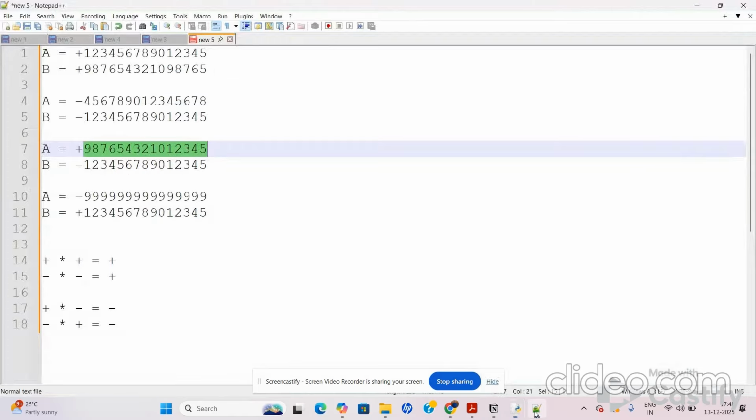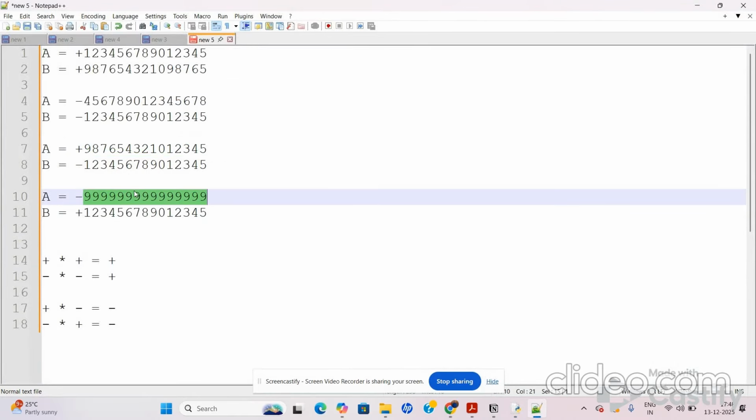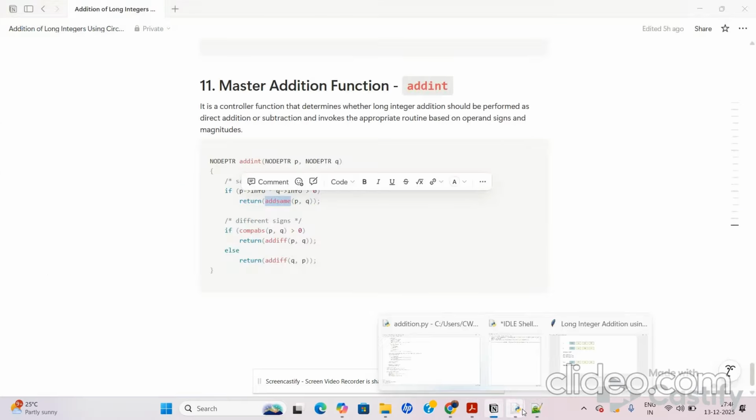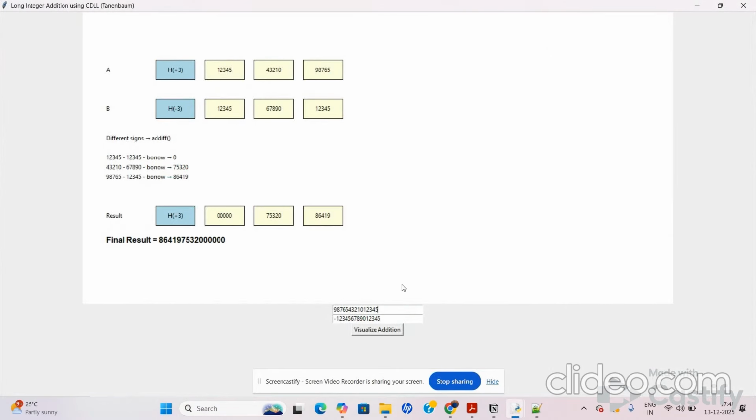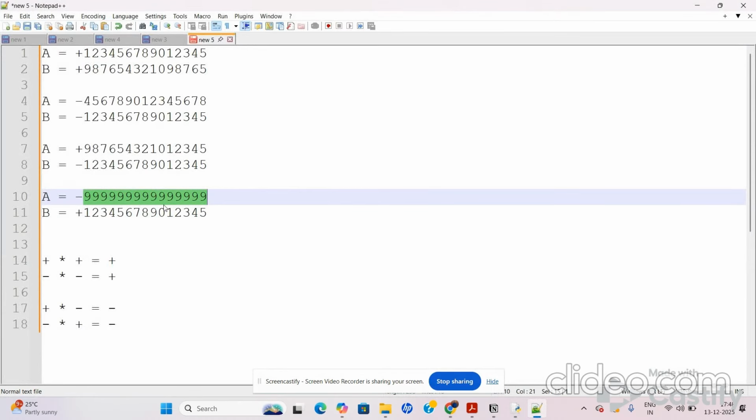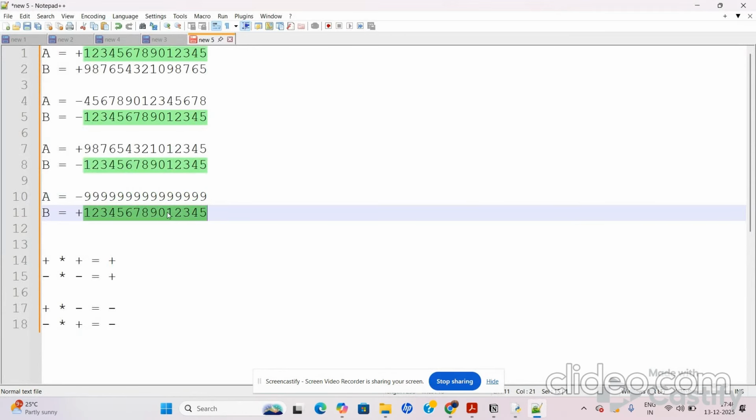We'll see a final example, where this one has a minus sign and this one has a plus sign.